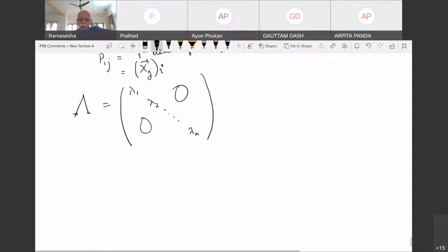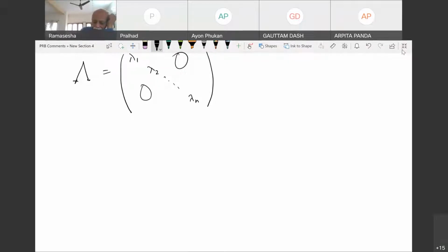So one product that I can form is P lambda. And what will be the ijth matrix element of this? The ijth matrix element of this is sigma over k, P_ik, lambda_kj.